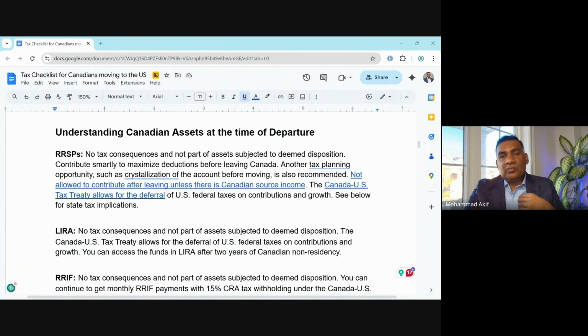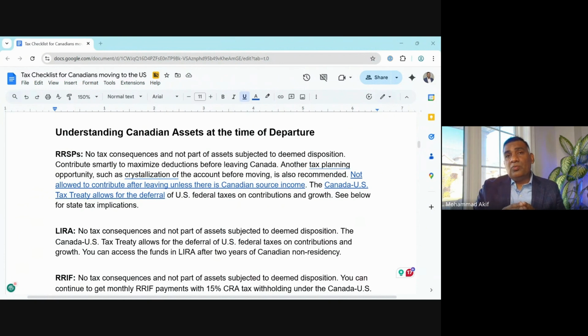Because it is a pre-tax account, anything that is happening in that account is not taxable until it comes out, so you can buy and sell. What crystallization does is accelerate your capital gains in there. So if you bought something 10 years ago and now it's worth more than what you bought it for, you can sell it and buy it again at a new price. So what happens is that you have actualized all your gains with it, right?